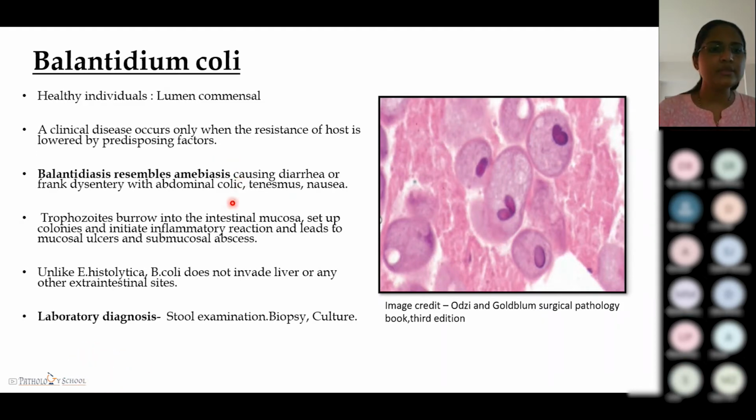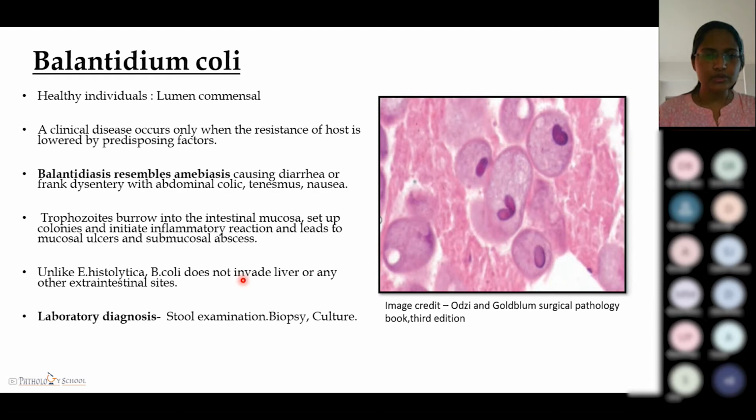But the difference is that unlike E. histolytica, Balantidium coli does not invade the liver or any other extraintestinal sites. Trophozoites of Balantidium coli burrow into the intestinal mucosa, set up colonies, and initiate an inflammatory reaction that leads to mucosal ulcers and submucosal abscess.